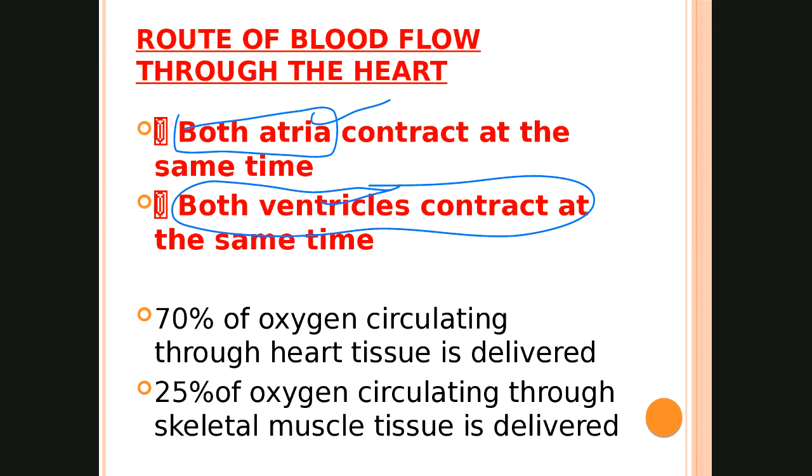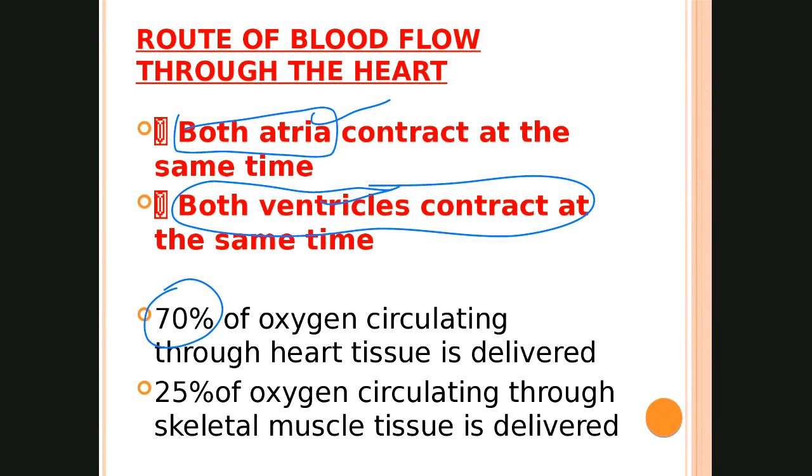The coronary blood vessels deliver oxygen to the heart muscle. The amount of oxygen delivered to the heart muscle is very high compared to the amount delivered to all other kinds of muscles in the body. 70% of the oxygen circulating in the arterial coronary blood vessels will be delivered to the muscle of the heart.